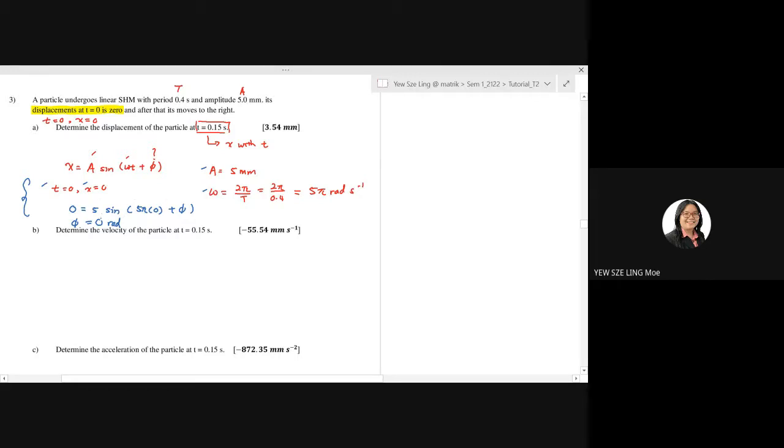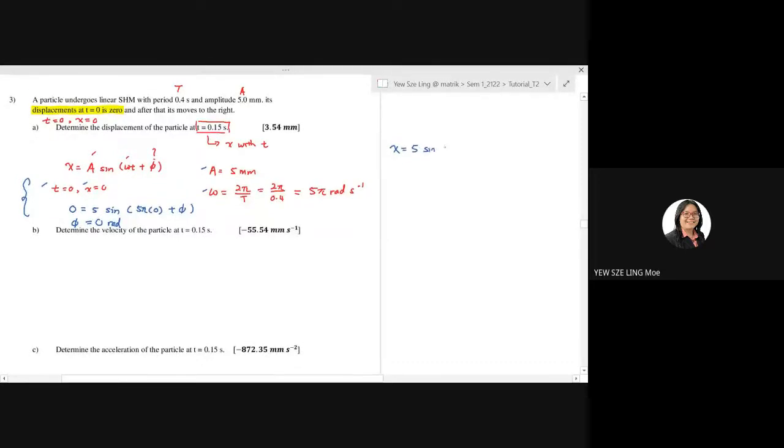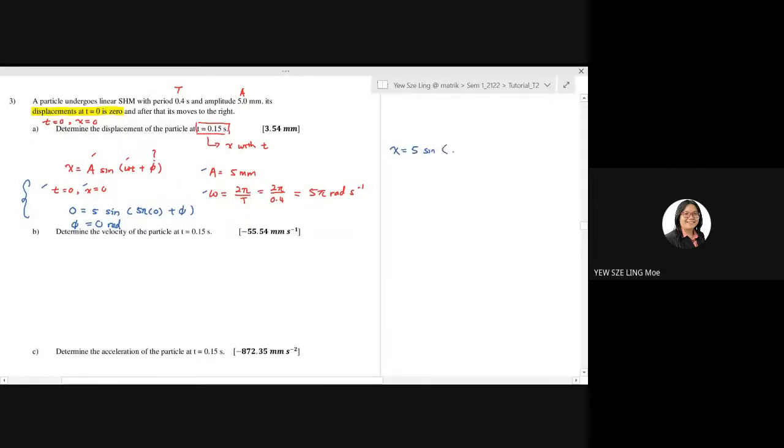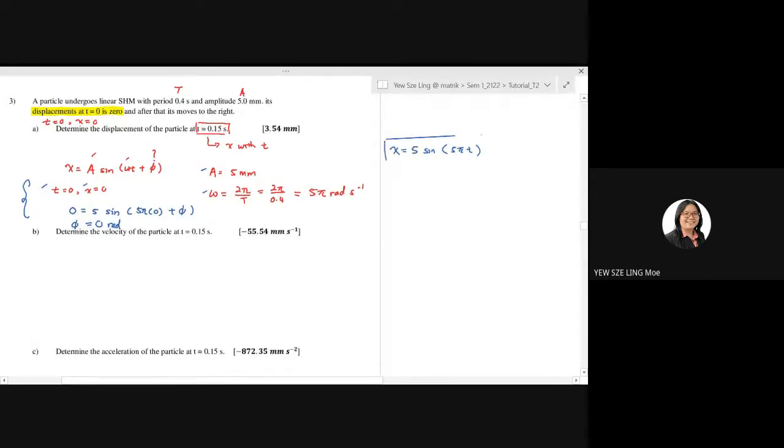So after you find out the value of phi, then we can proceed to the equation. So now we know x is equal to 5 sine 5 pi t, without the initial phase angle. Okay, so this is our general equation, the general equation that we construct based on the information given.